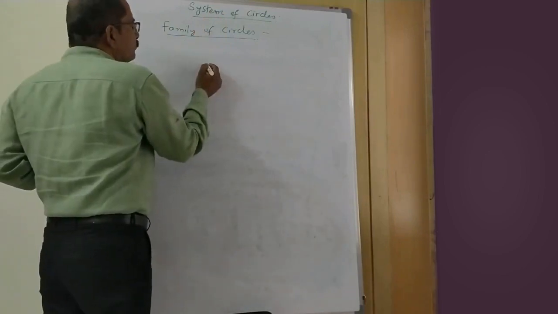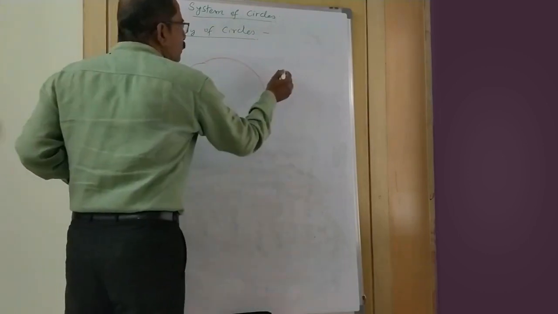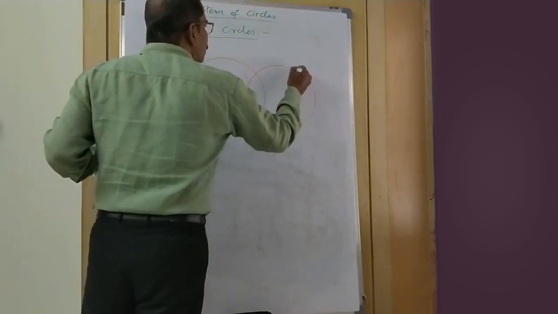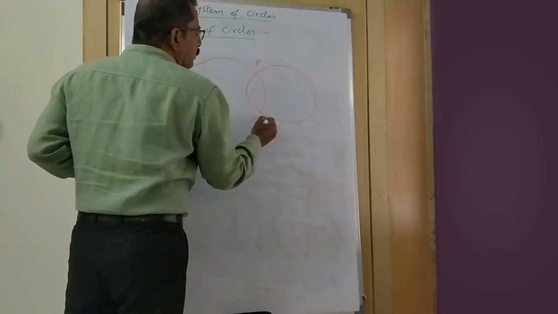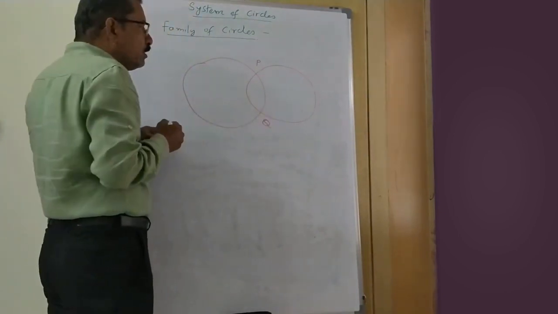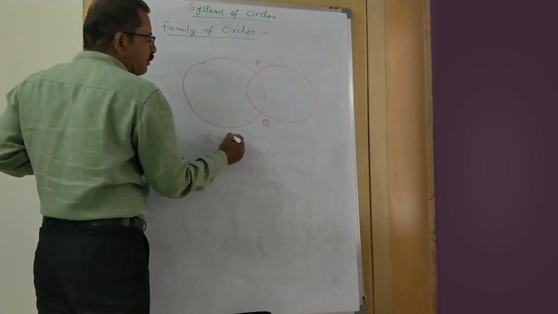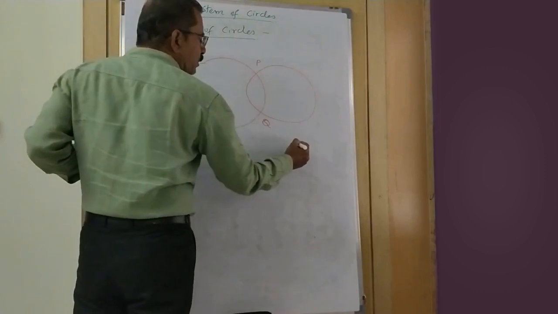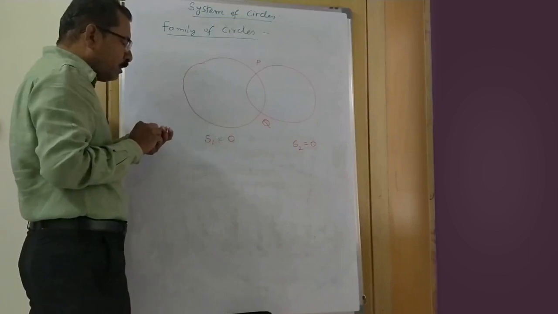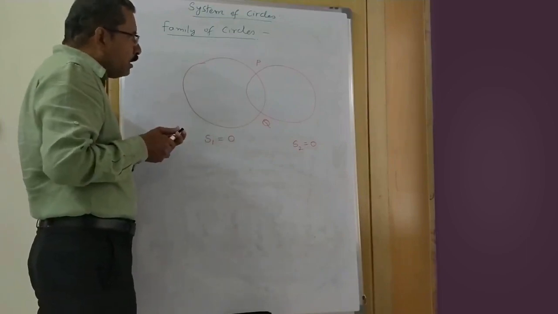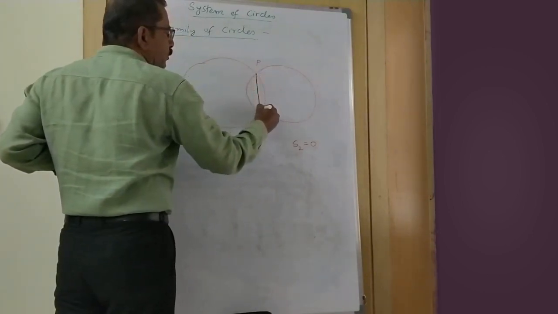See here, if two circles intersect one another at two different points, say P and Q, let us say the first circle equation is S1 = 0 and the second circle is S2 = 0, right? And join the line PQ.